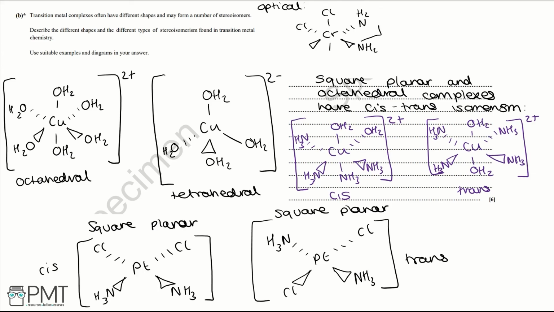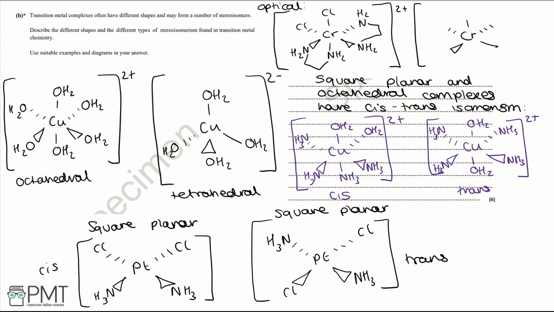So if we have 2 NH2 groups, then they're both going to have lone pairs that can donate to your central metal ion and form a dative covalent bond. So we're going to have square brackets and a 2+ charge. This is our first isomer. And then the second isomer is going to be the mirror image. And that is what an optical isomer is.